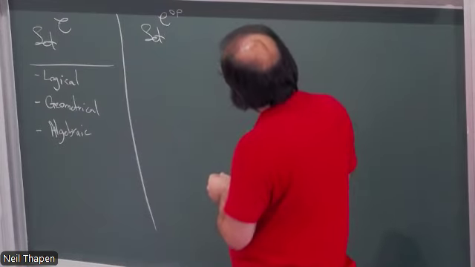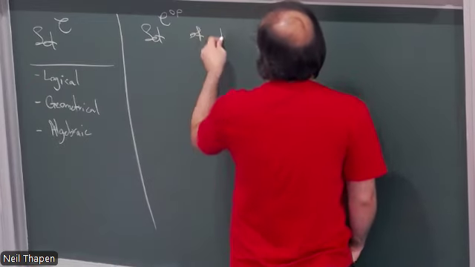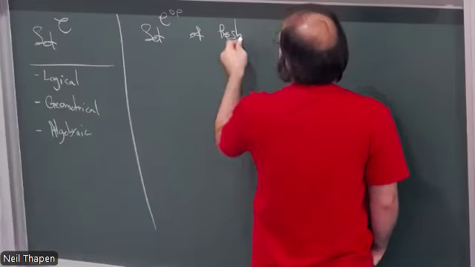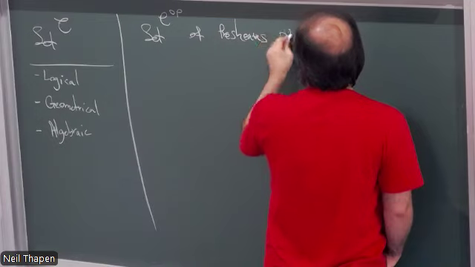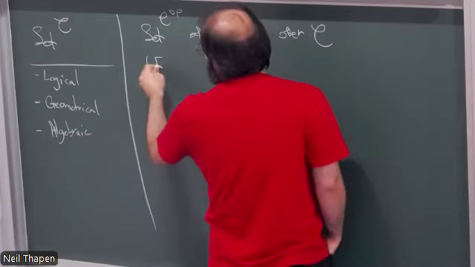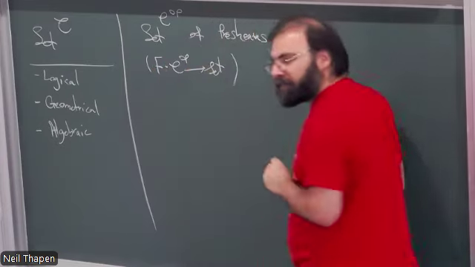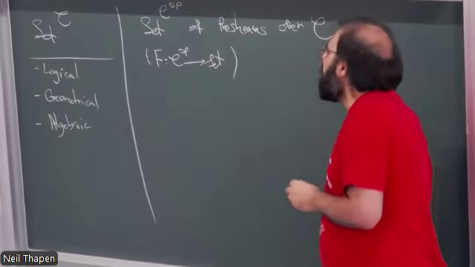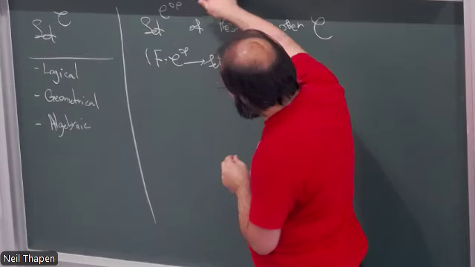And so we had this category of presheaves over C, which is equivalent to just functors from C opposite to Set, right? That's just the name. So of course, it's also a topos because it's just the same thing.